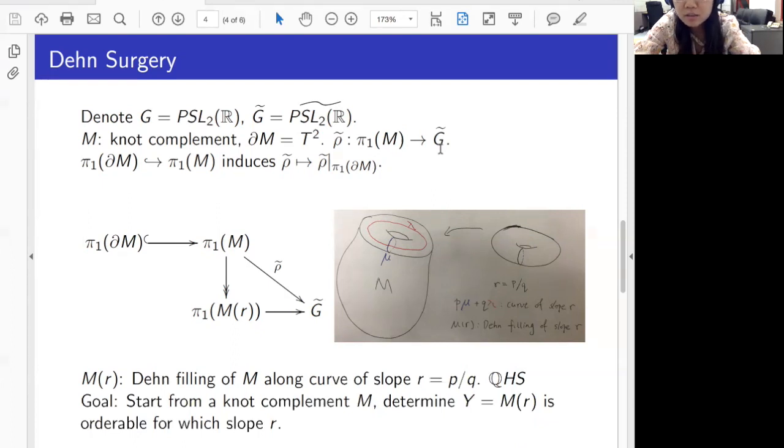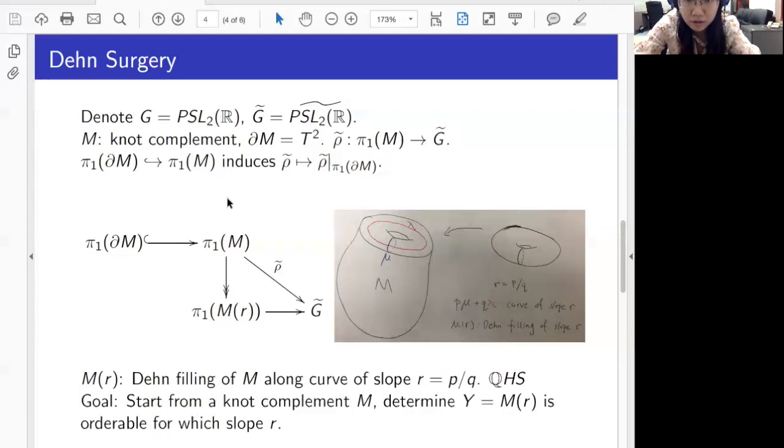We can pick rho tilde to be one of those PSL2R tilde representations of the knot complement. However, rho tilde may not induce a representation of the fundamental group of the Dehn filling. This is because the fundamental group of the Dehn filling is only a quotient of the fundamental group of the knot complement.